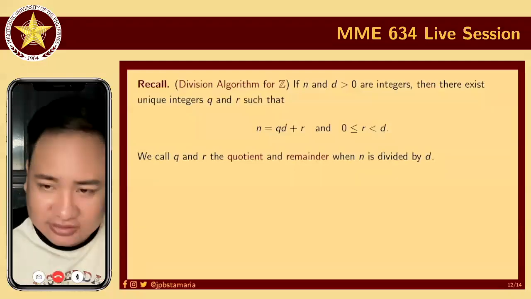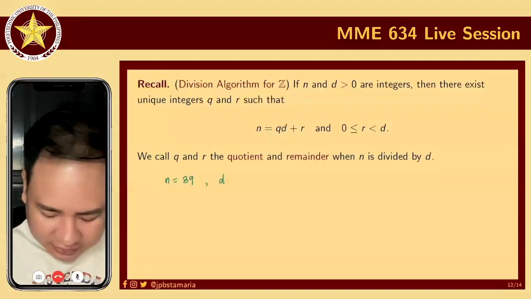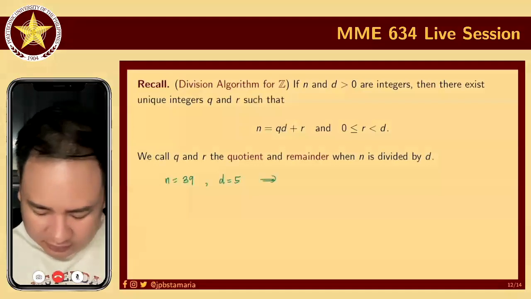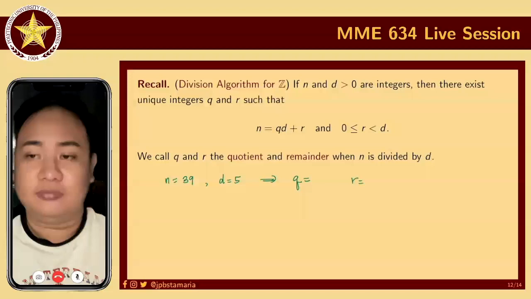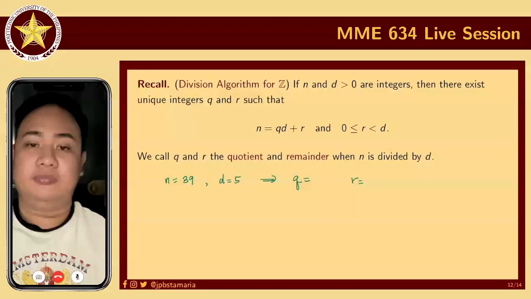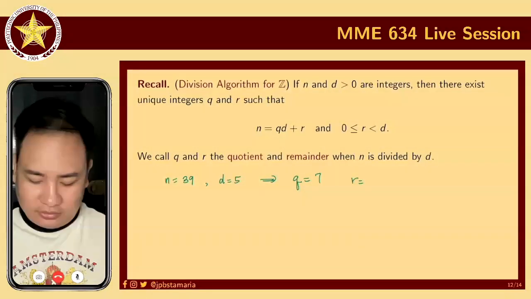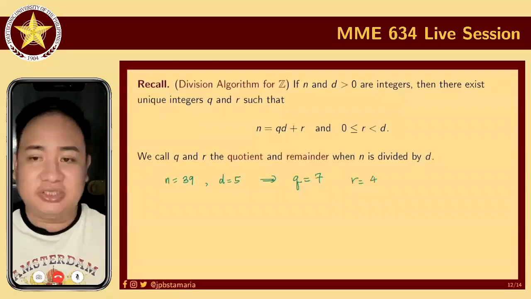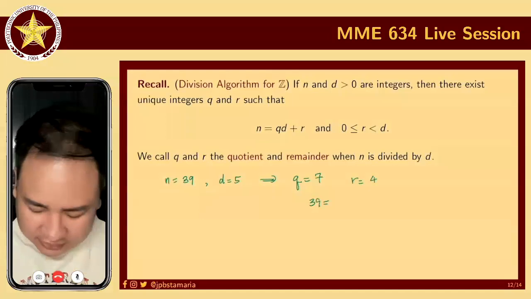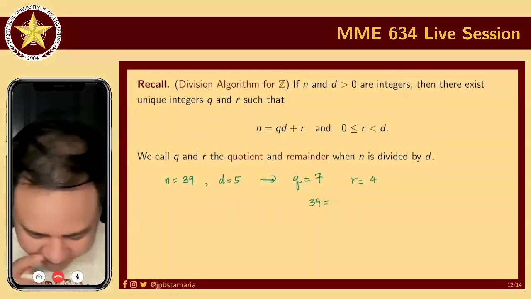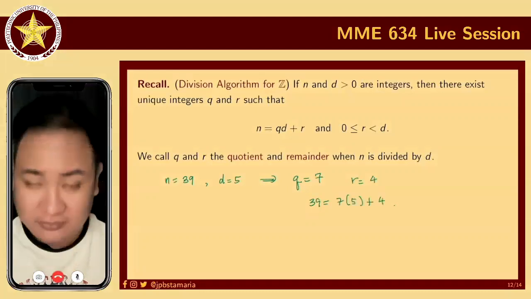Sige nga, exercise tayo. Halimbawa ang n ay 39, ang d ko kunwari 5. Ano ang q at r? Q is equal to 7, R is equal to 4. Yes, no? Q is 7 and R is 4. The quotient is 7, the remainder is 4. In fact, ang 39 kasi can be written as QD. 7 times 5 plus 4.